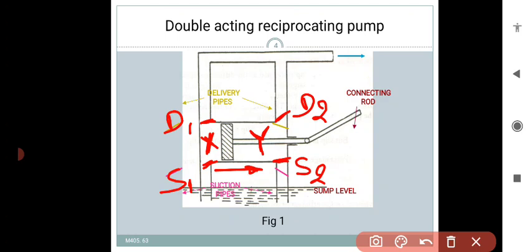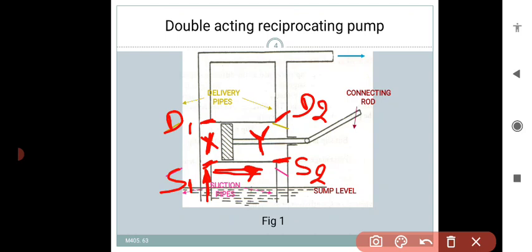The liquid enters the left portion of the piston from the sump when the piston moves from left side to right side. Here suction 1 valve is open and suction 2 valve is closed, delivery 1 valve is closed, and delivery 2 valve is open because high pressure is built at the piston rod side.